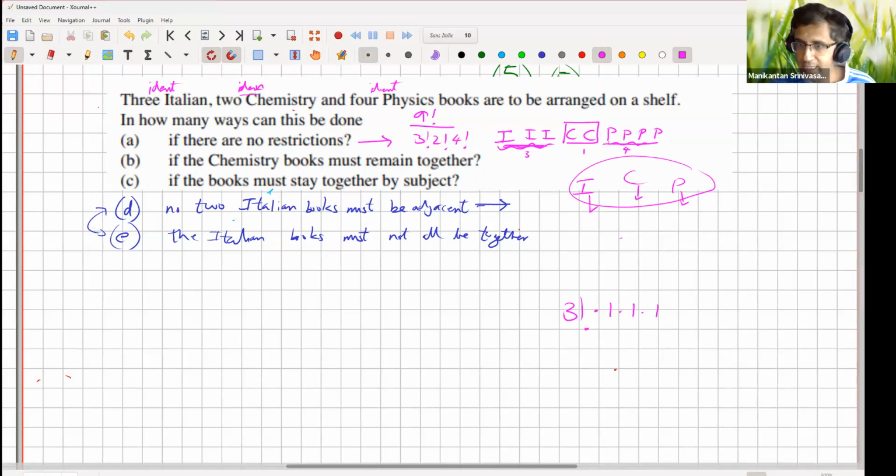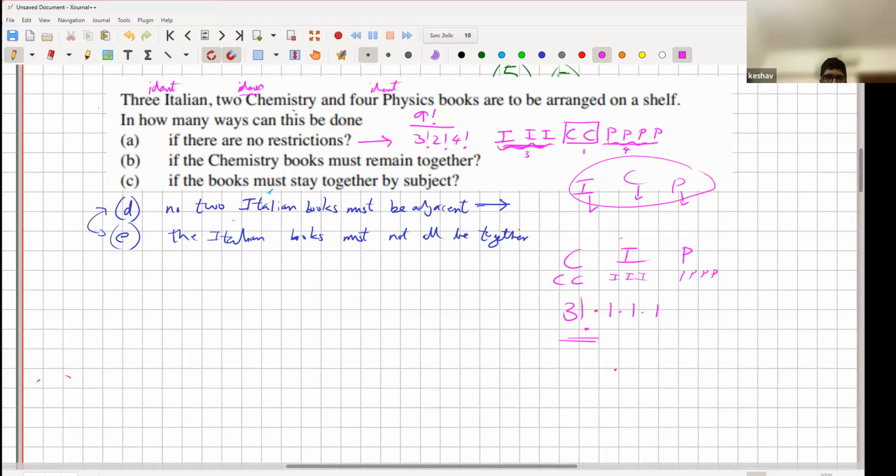You've decided that the C group must come first, then the I group, and then the P group. Having decided that, the 2 C's are all here, the 3 I's are all here, the 4 P's are all here. There's nothing more for us to arrange. So all we have to do is arrange the groups themselves as in 3 factorial, because there are 3 different groups. Keshav, does this make sense? Yeah. All of you with me, right?